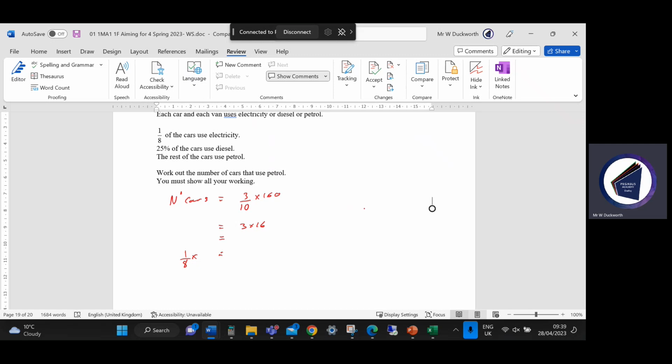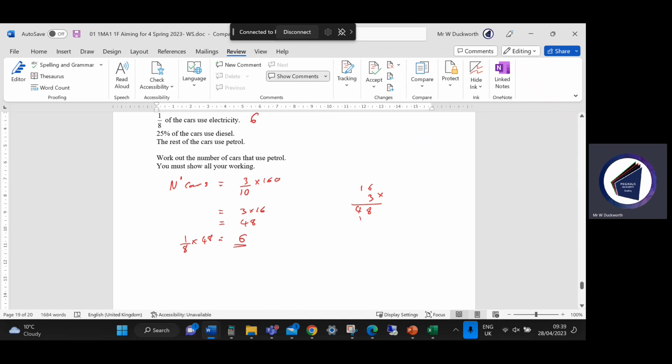So 3 times by 16, 6, 12, 24... Oh, struggling today. 3 times by 6 is 12, 18, 48. That's better. And then 1/8 of 48 would be 6. So we've got 6 cars use electricity.